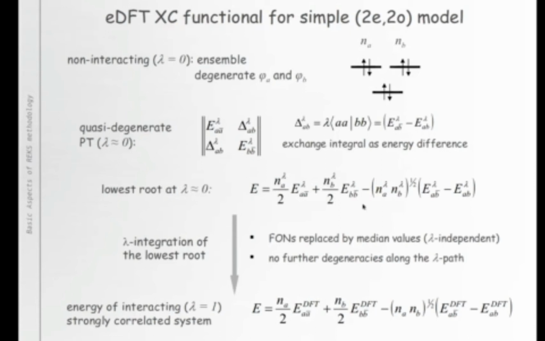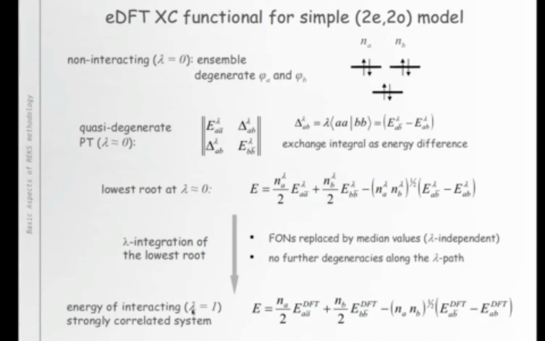Then I take this energy expression and apply lambda integration, or integration with respect to the electron-electron coupling strength, this constant, from 0 to 1. At the formal level, this can be done. And I end up with this simple energy expression, where instead of energies of non-interacting particles at lambda near 0, I have density functional expressions of the same energies of the same configurations with lambda equal to 1.